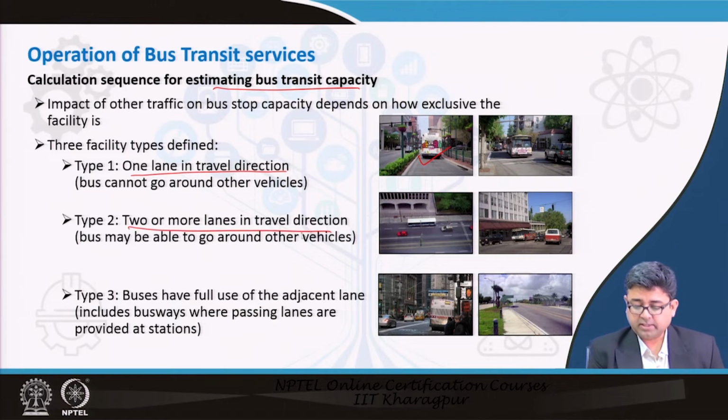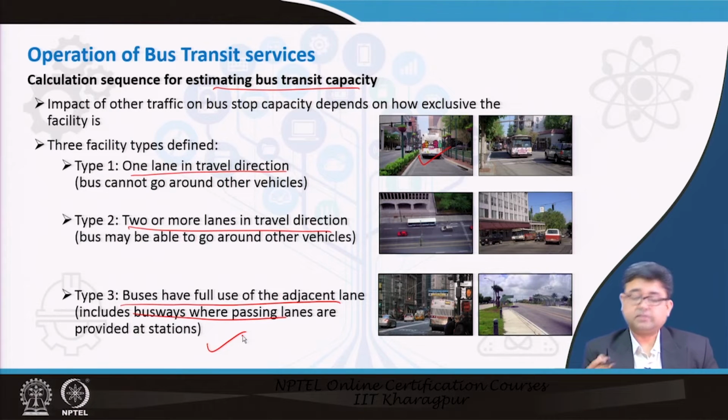If there are 2 or more lanes in the traffic direction, then your bus may be able to overtake and access the bus stop, or do a turning movement or whatever allows it to move faster in the traffic stream. Or type 3, where the buses have full use of the adjacent lane, including busways. So, you have a dedicated right of way for the buses to move. That type of system is also the best when it comes to having good capacity for the buses.